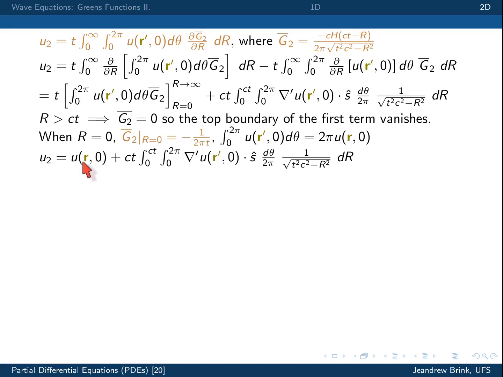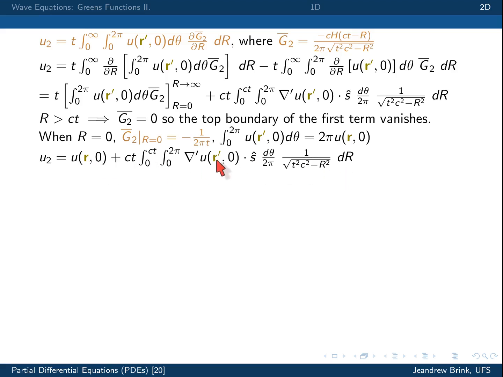Okay, so that first term becomes very, very easy. It simply becomes the value of u at the field point where you want to evaluate it, but just at time 0.